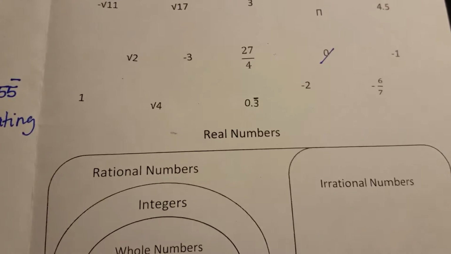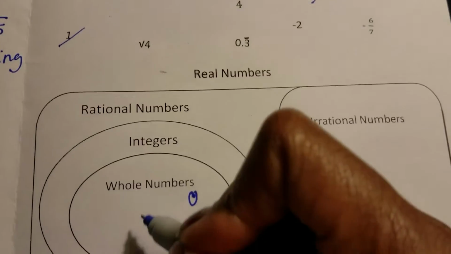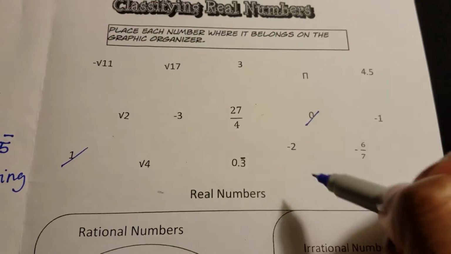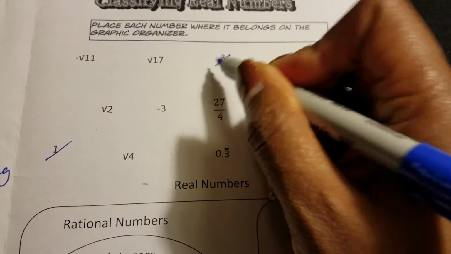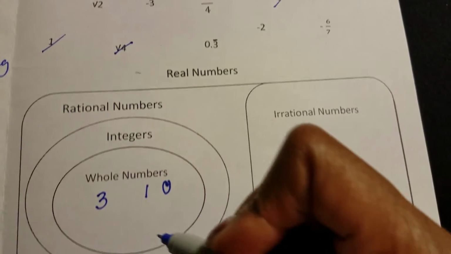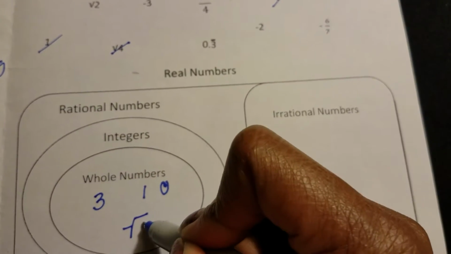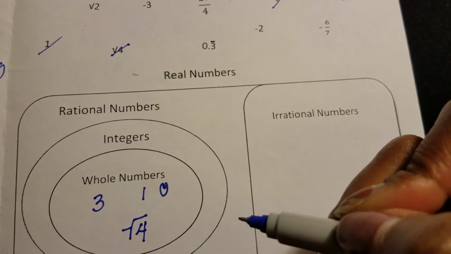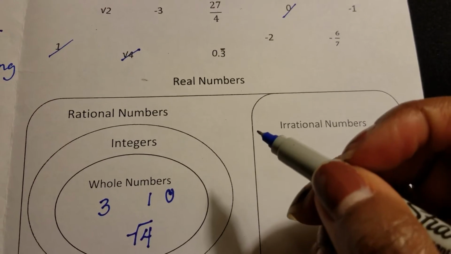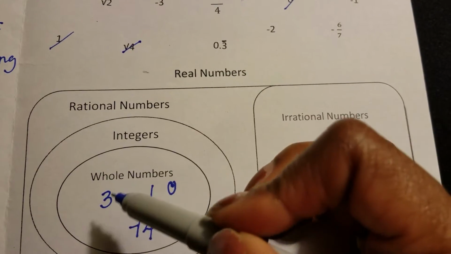Because all these are considered real numbers. Some more would be 1. That's a whole number. 3. That's a whole number. And I'm going to also do square root of 4, because when I do square root of 4, it's going to give me 2, which is a whole number. Now we're going to integers. Now integers can be, we already have the positive numbers.